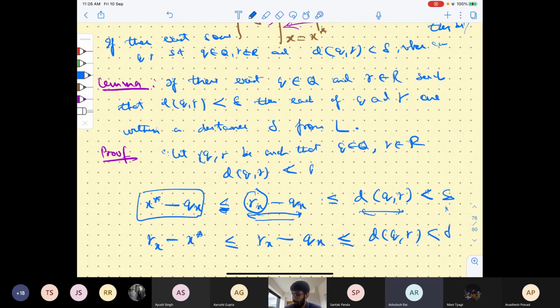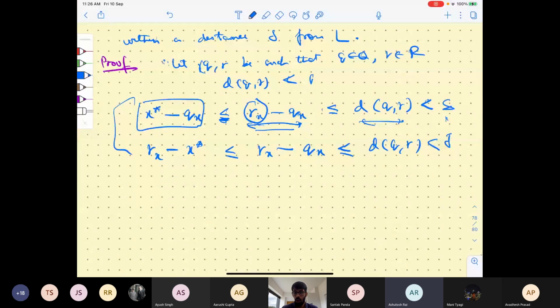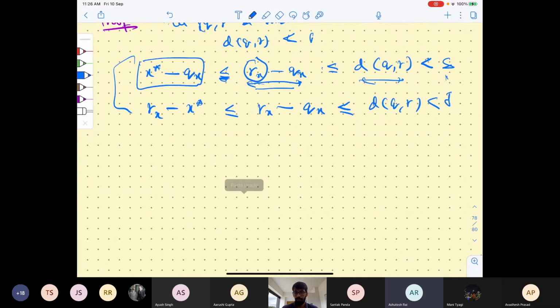So this is easy to see. I have just written down the formal inequalities to show why this will be the case. So now we know that both Q and R are within distance delta of L. Good.